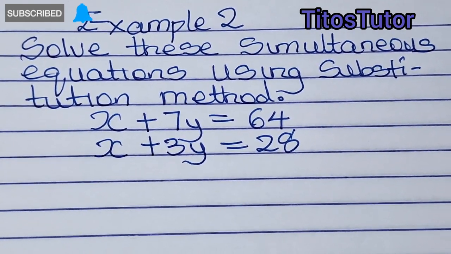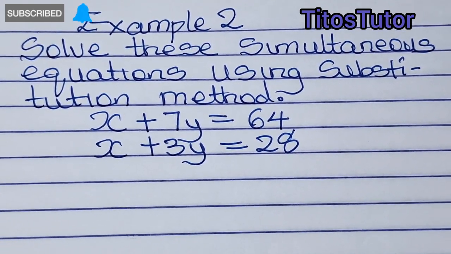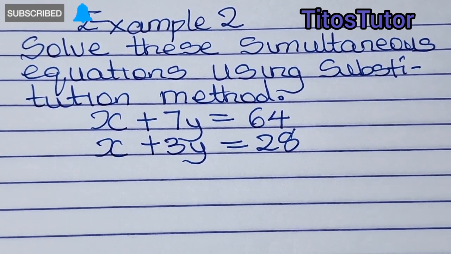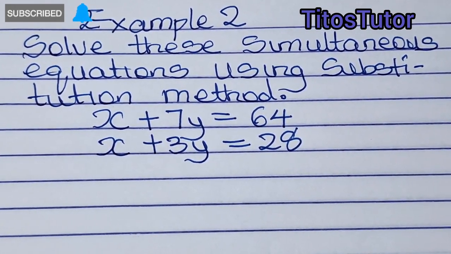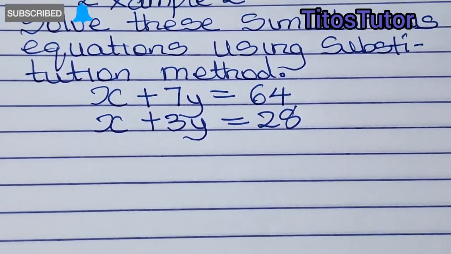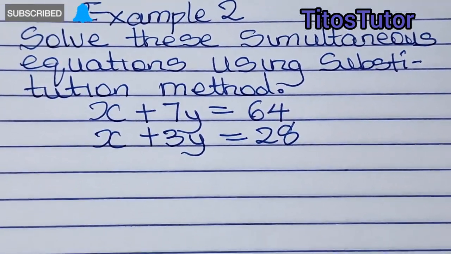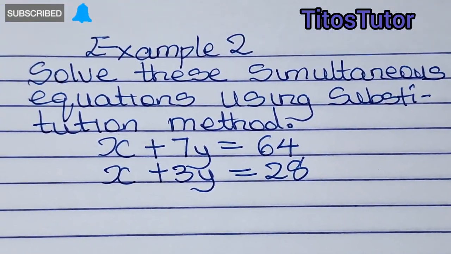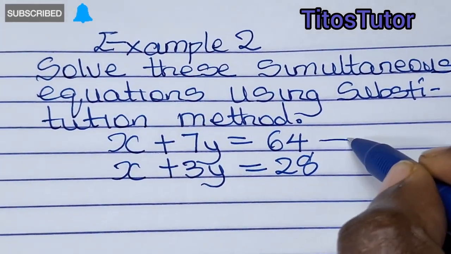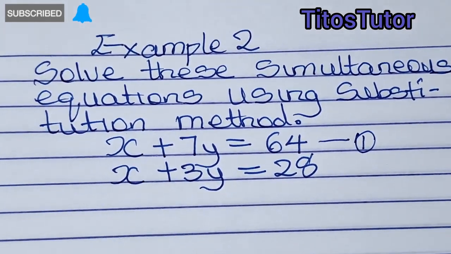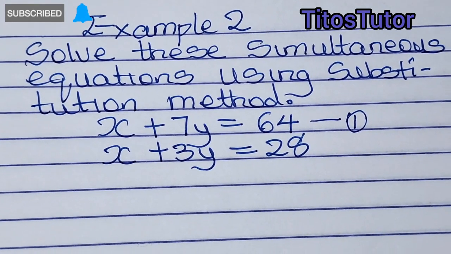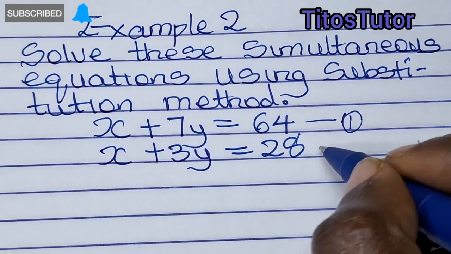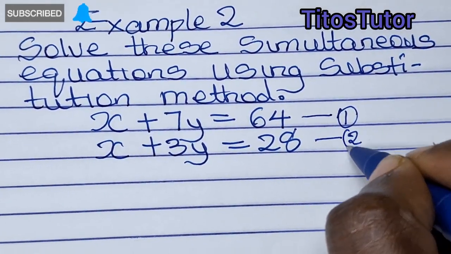Example 2 says, solve these simultaneous equations using substitution method. As you can see, it's specified. The first equation is x plus 7y equals 64. I'm going to label that equation 1. The second one says x plus 3y is equal to 28. I'll label that equation 2.